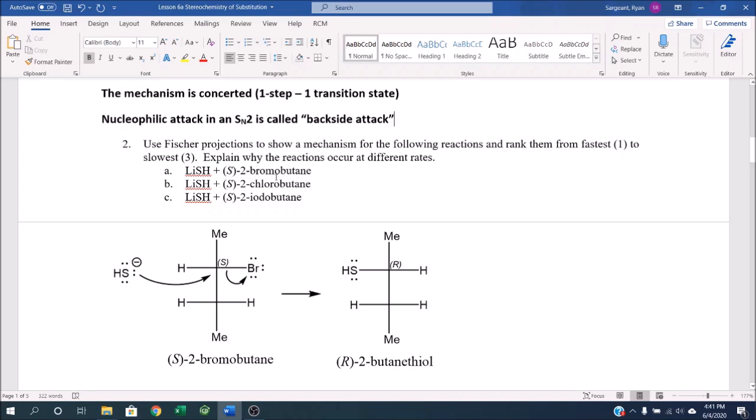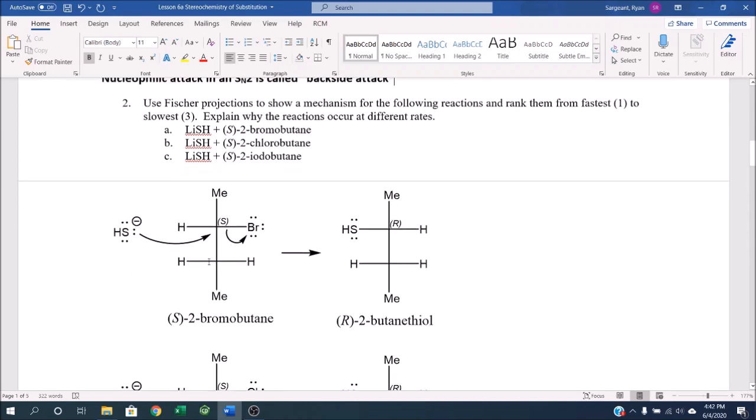For today, these secondary alkyl halides, and here's the Fischer projection of the first one, the 2-bromobutane. It's secondary because the halogen is directly connected to a carbon. That carbon is bound to 2 other carbons, so this is a secondary alkyl halide. A secondary alkyl halide has a tendency to react in a substitution that is SN2. There are sometimes that it doesn't, and we'll deal with those later.